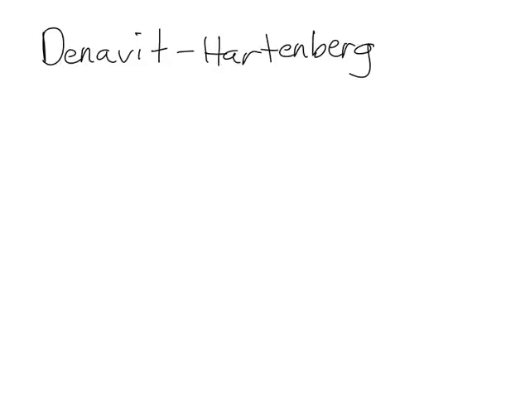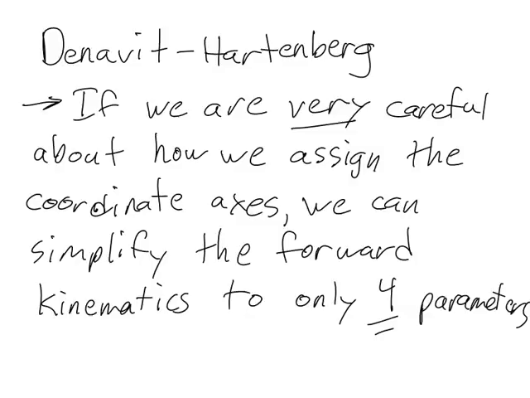With the Denavit-Hartenberg method, this process is reversed in that you must be extremely careful about how you assign coordinate axes, but if you get those axes assigned correctly, then the process of finding the homogeneous transformation matrix is much simpler. In short, if we are very careful about how we assign the coordinate axes to each joint in our manipulator, then we can simplify the forward kinematics, the process of finding the homogeneous transformation matrix, to only 4 parameters.